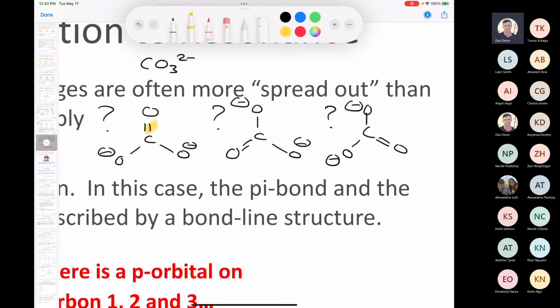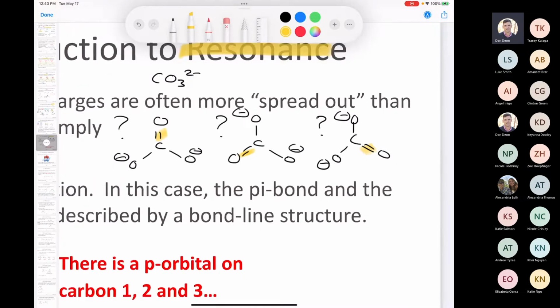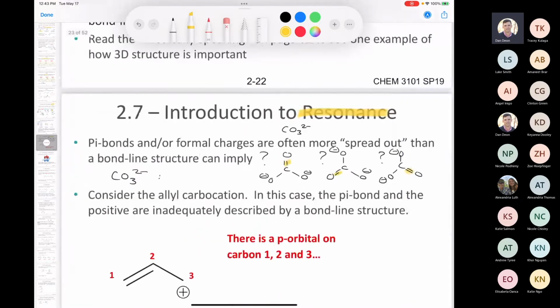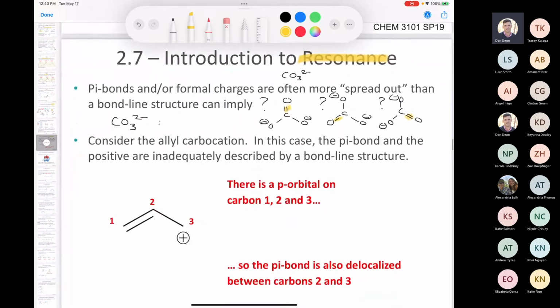And it's not that the electrons in the pi bond are vibrating between these or something. It's not like they're here and then they move down here. What it really means is that those two electrons in the pi bond are actually spread out between all three carbon-oxygen bonds. However, it's very difficult to represent that in one structure. And so we use a series of structures that we call resonance structures.